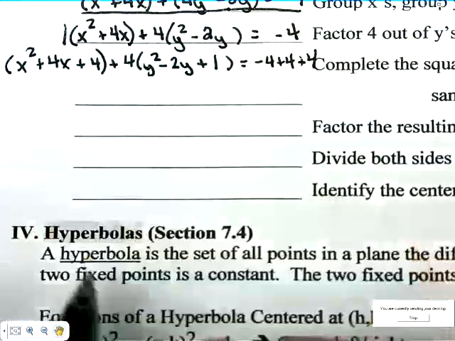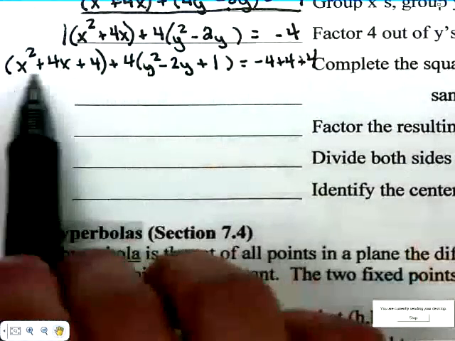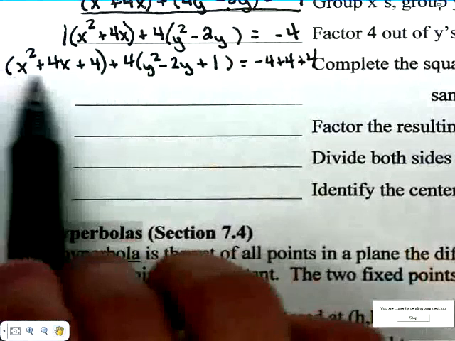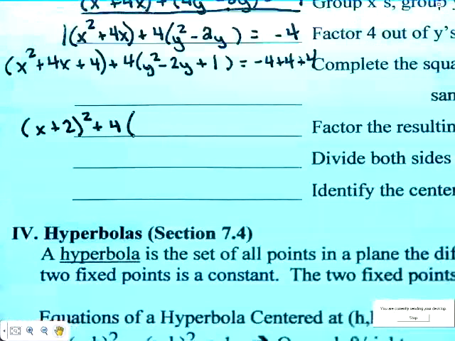All right, that was the hard part. This first perfect square trinomial factors into what? X plus 2 squared, plus 4 times, what does that second perfect square trinomial factor into?